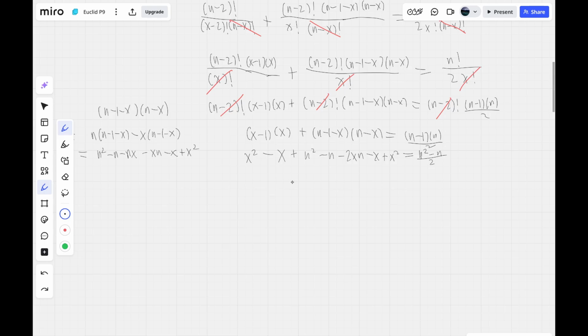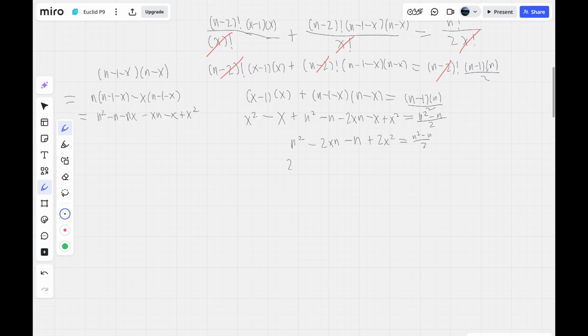So it's just n squared minus 2xn minus n plus 2x squared is equal to (n squared minus n) over 2. So we can multiply both sides by 2 to get rid of the fraction. So then it's 2n squared minus 4nx minus 2n plus 4x squared is equal to n squared minus n.